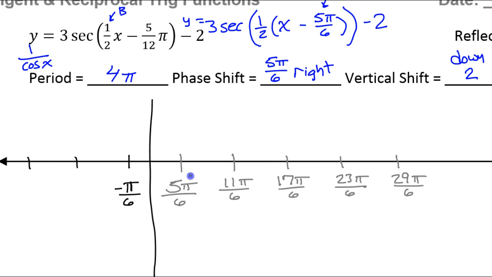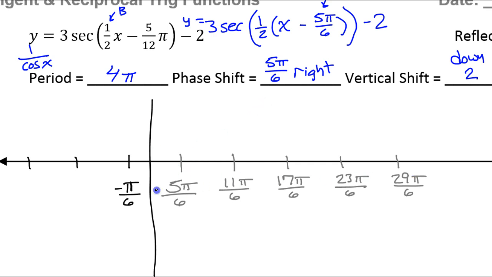Okay, you cannot put your y-axis at the phase shift unless it happens to be 0. That doesn't work. So remember, these gray numbers over here are the cosine values, the x values I'm going to use.